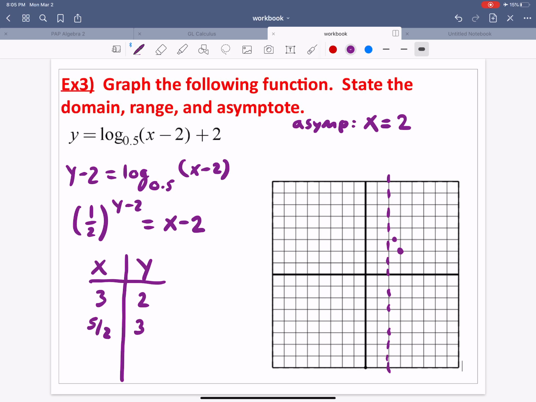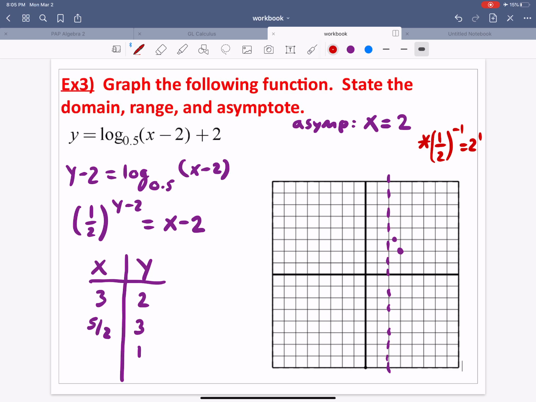So we're going to go a little crazy here, and we're going to pick y equals 1. Now, when I plug a 1 in for y, 1 minus 2 is negative 1. Now, 1/2 to the negative 1 power, I'm going to give you a little bonus work over here. 1/2 to the negative 1 power becomes 2 to the first. We just take the reciprocal, and the exponent becomes positive.